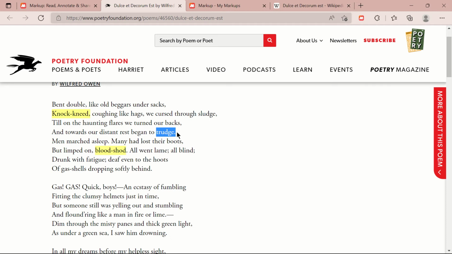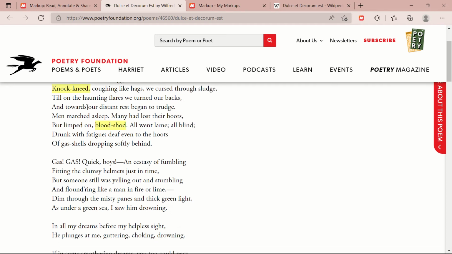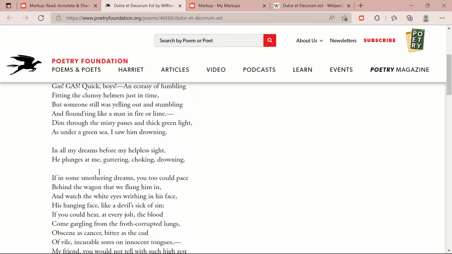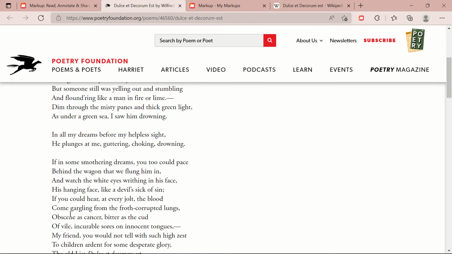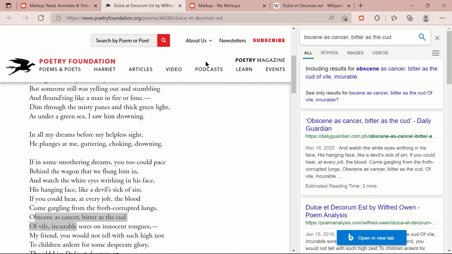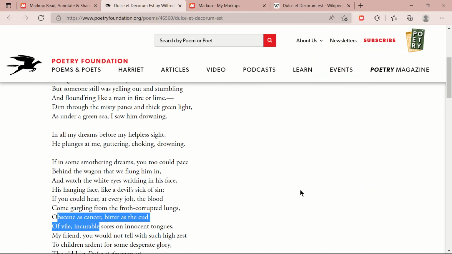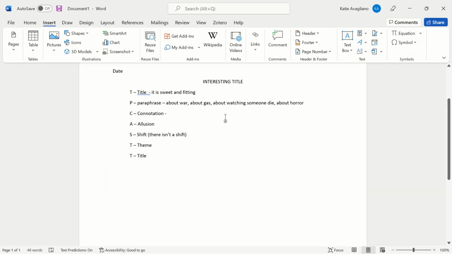We have trudge, we have sludge, we have coughing, we have marching in our sleep, we have fatigue, right? So these are people who are at the ends of their ropes, right? And so the connotations here, obscene as cancer, bitter as the cud, it's cud again. So yeah, our connotation here is fatigue.